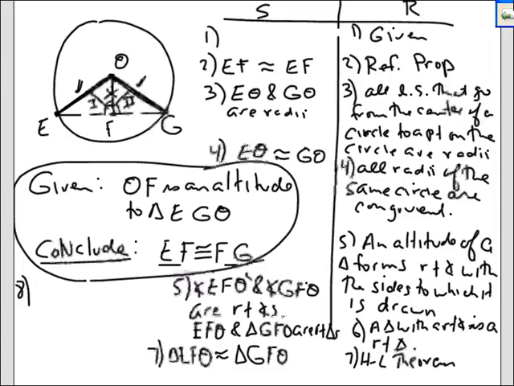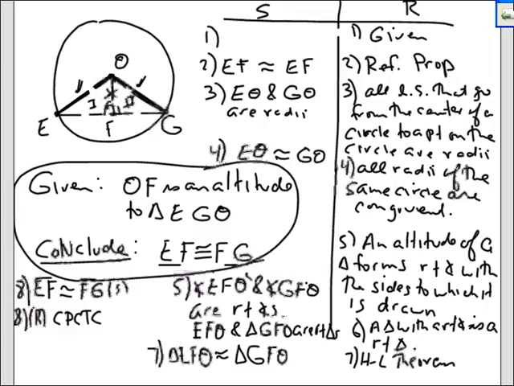Okay, run out of room, but now let me come here, please. Statement 8 is EF is congruent to FG. That's the statement. And the reason is congruent parts of congruent triangles are in fact congruent. Now, why are they corresponding parts?